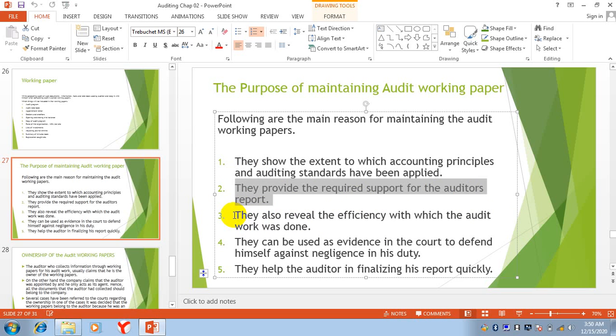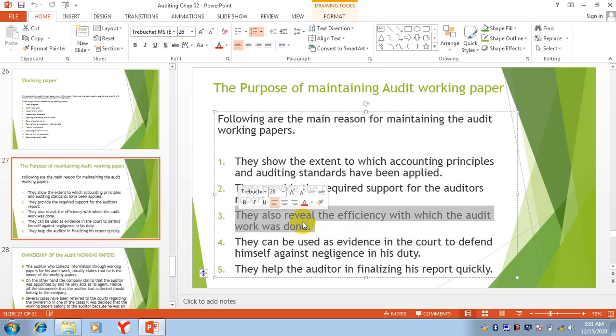The third thing is they also reveal the efficiency with which the audit work was done. In the previous class, I told you that the quality of the audit is judged by the quality of the working papers.